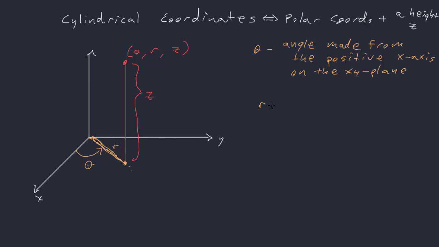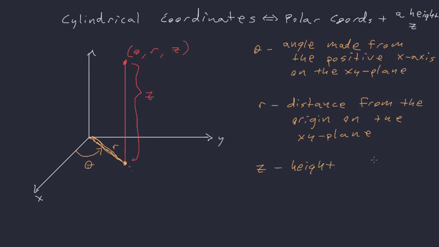Okay, r is the same r. This is the distance from the origin on the xy plane. And then z, well, that's the height above the xy plane. Okay, so as I said, it's literally polar on the xy plane plus a z.